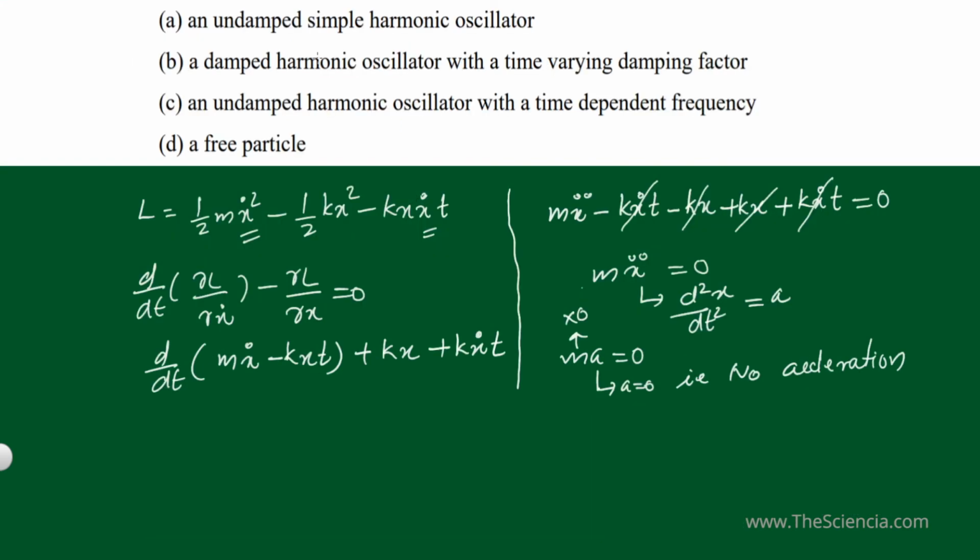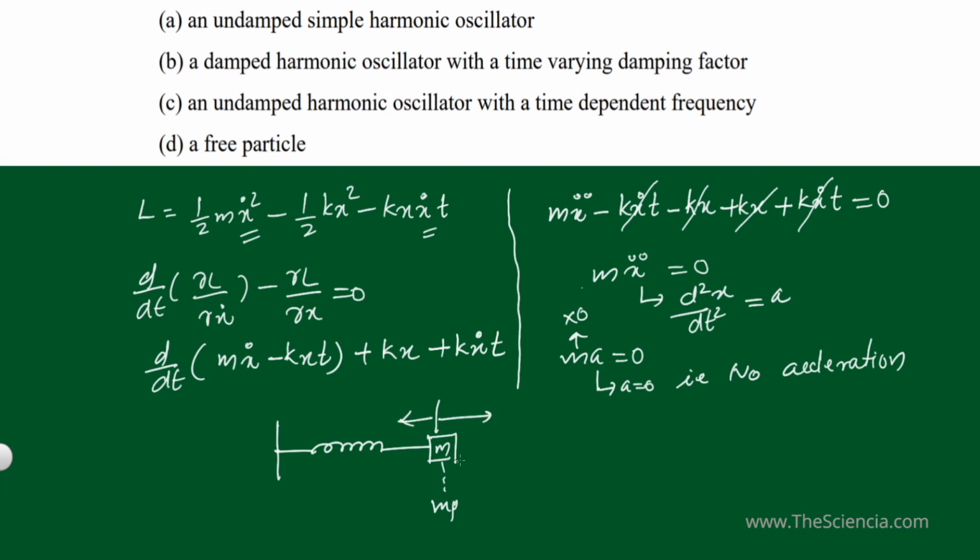In the options they have given a harmonic oscillator and a free particle. So what is the acceleration of a harmonic oscillator? Suppose I am taking a simple harmonic oscillator. This is mass m and this is its mean position, and it is oscillating about this axis.